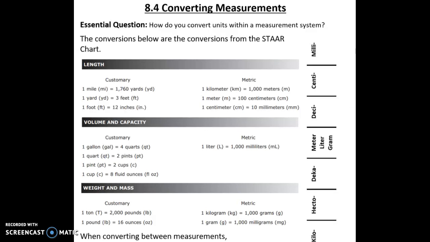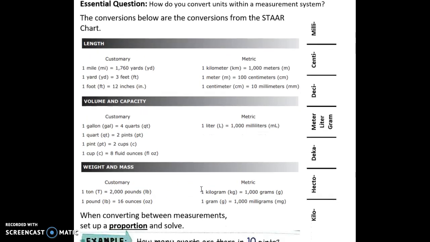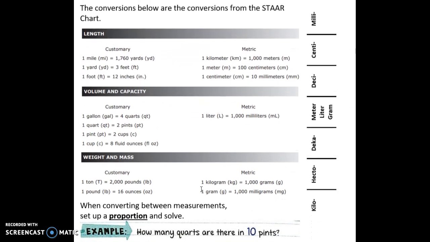In our metric, our length is kilometer, meter, centimeters, and millimeters, and that's only a few. Our volume and capacity consists of liters to milliliters, and our weight and mass consists of kilograms, grams, and milligrams. As we work through this unit, you will discover that the metric system actually has a lot more than what is listed in our conversion chart.